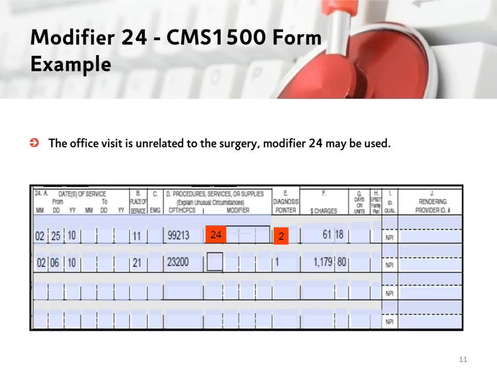If you look at block 24E, it indicates that it is a different diagnosis from line item 2, which is pointing to indicator 1. So in this scenario, there are two separate diagnoses and they're unrelated. It would be appropriate to append modifier 24 to the E&M visit.